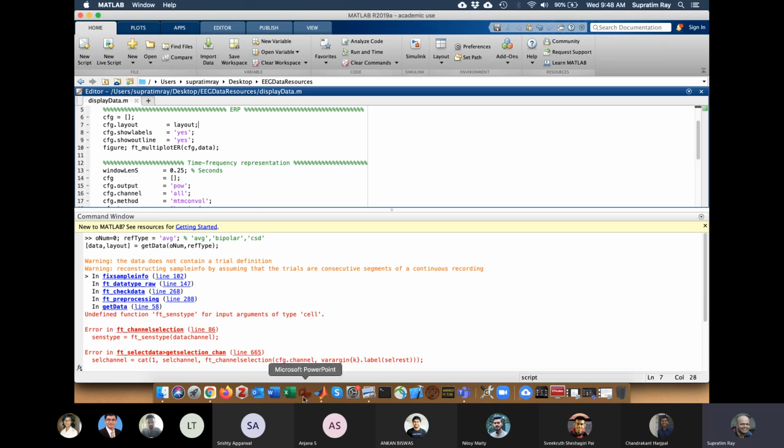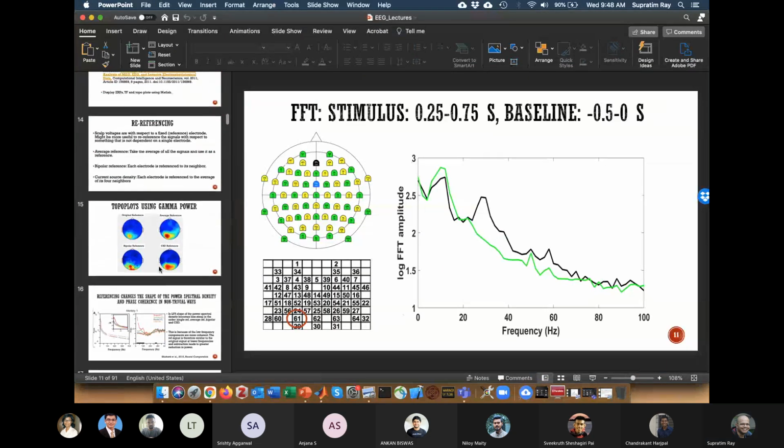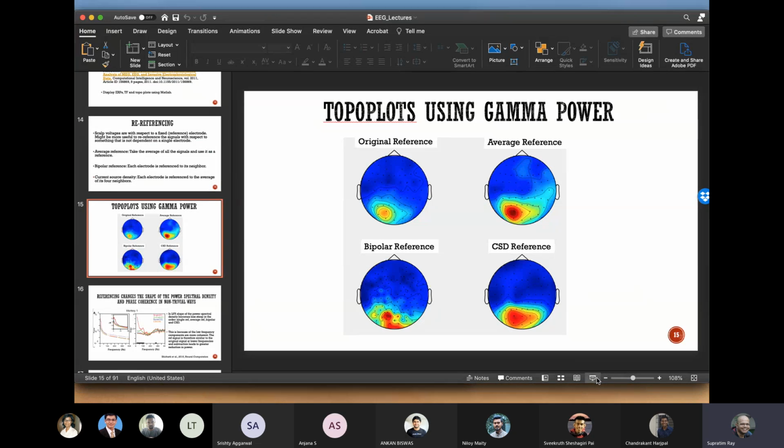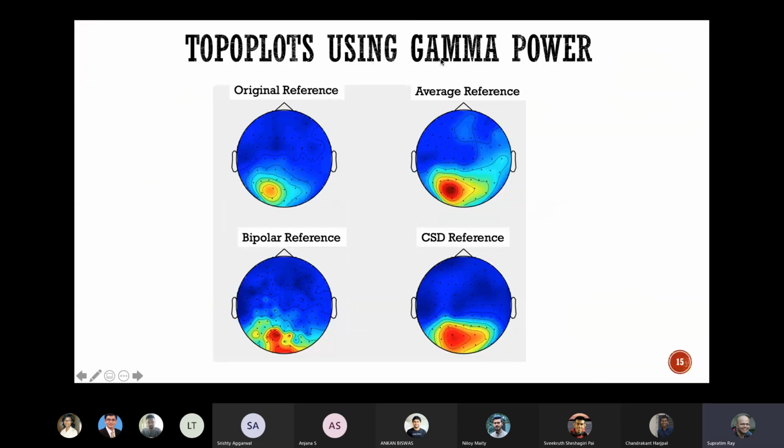But I actually have saved the data, so you can see how the topo plots of gamma look like for different referencing schemes. This is the original reference which we saw, and the average reference basically doesn't do much. But if you do bipolar referencing, you see that you have now finer resolution. So you can see more pockets here and so on. And that is because you have referenced each signal to its immediate neighbor.